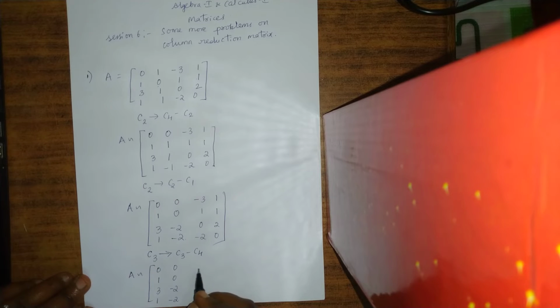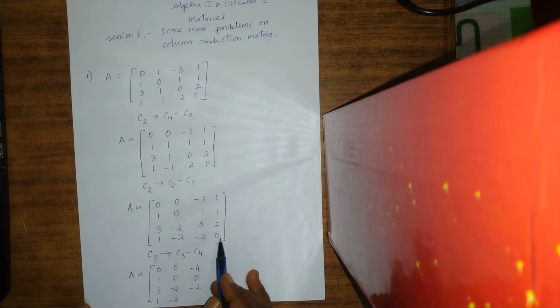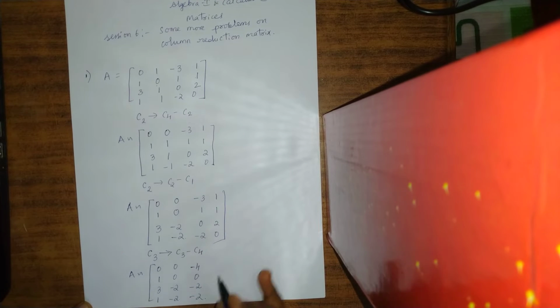The third column becomes C3 minus C4: minus 3 minus 1 becomes minus 4, 1 minus 1 becomes 0, and 0 minus 2 becomes minus 2. And the last one is minus 2 minus 0, which is again minus 2. The fourth column is as it is, 1, 1, 2 and 0.